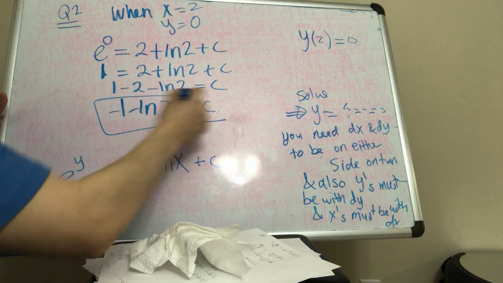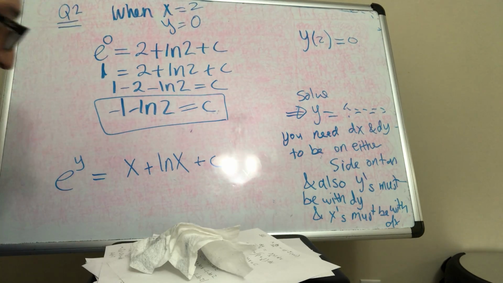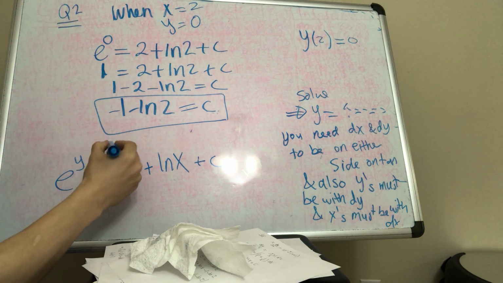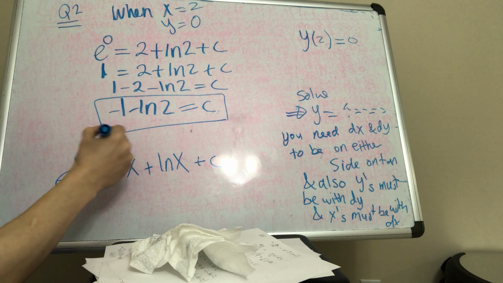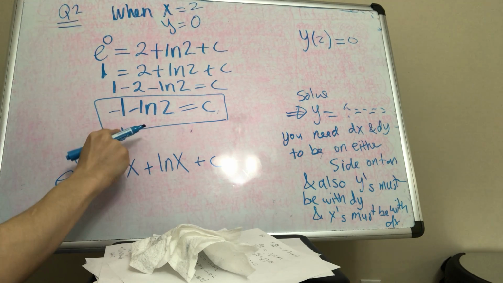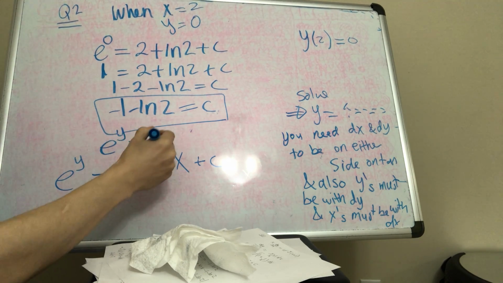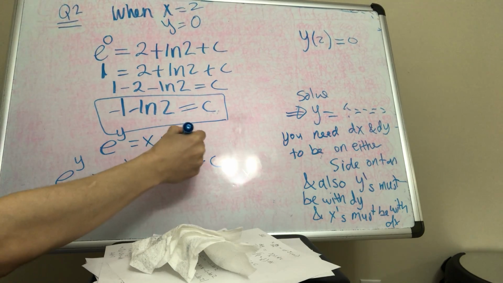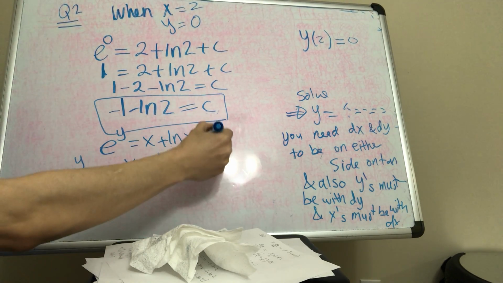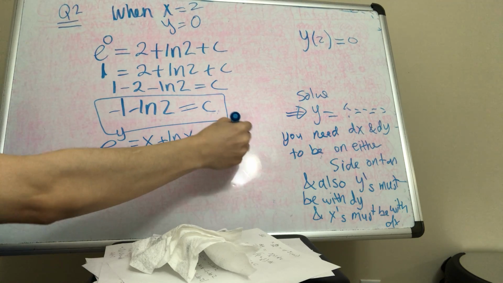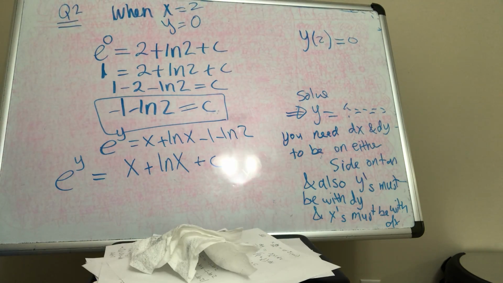Now I know what the value of c is. So I can write this one here as, therefore, e to the y equals x plus ln x minus 1 minus ln 2.